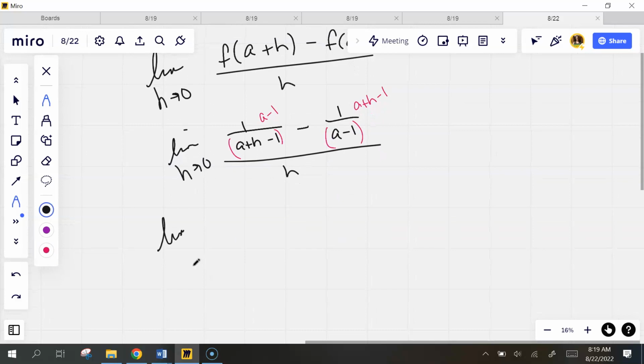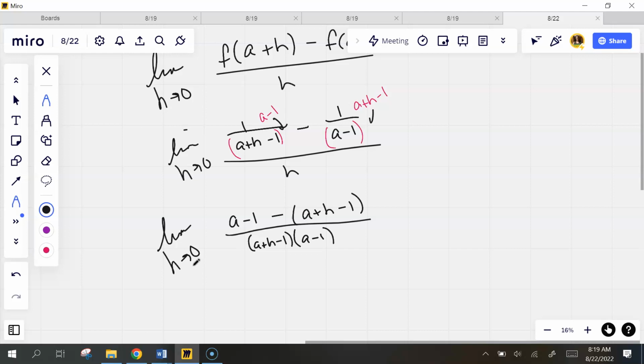All right, the limit as h goes to 0. So now I have a minus 1 minus, and I'm going to follow this one in parentheses so I make sure I distribute that negative sign. This is all over a plus h minus 1 times a minus 1. Because that's my common denominator, right? Whatever I give to the top, I have to give to the bottom as well. And everything goes over h.